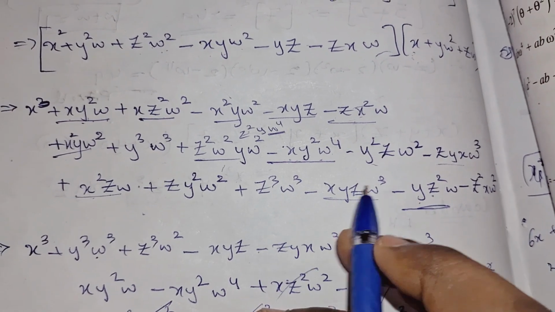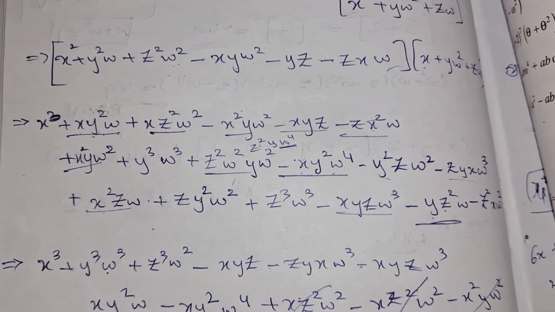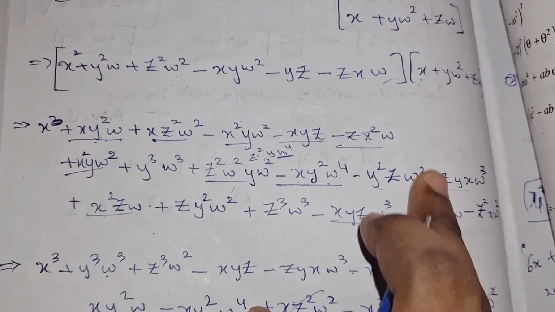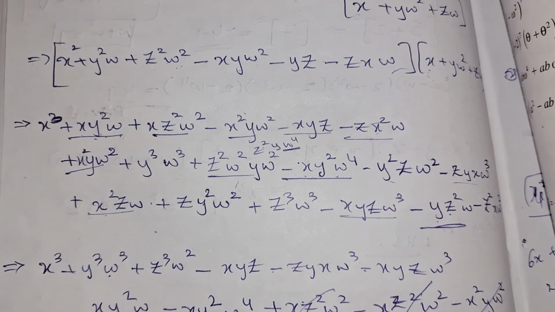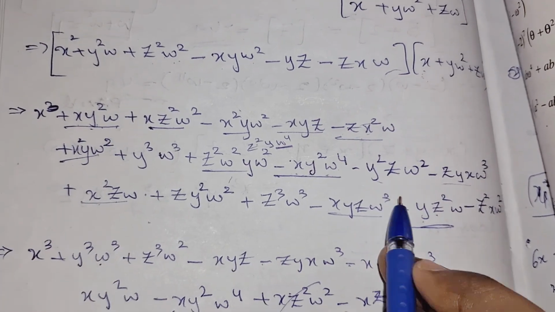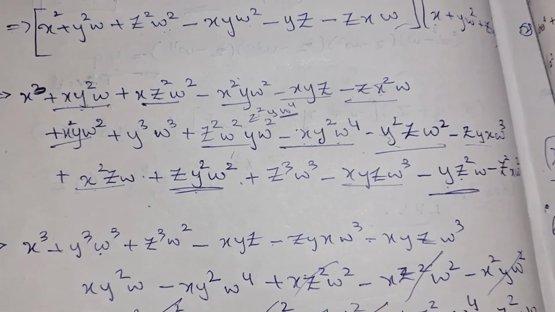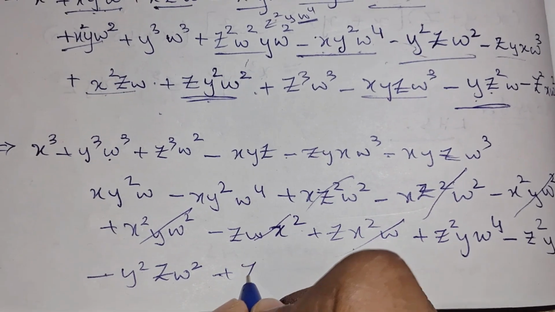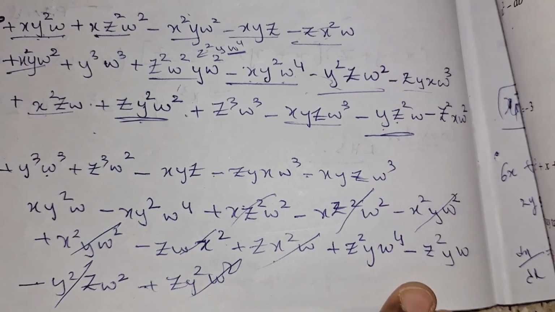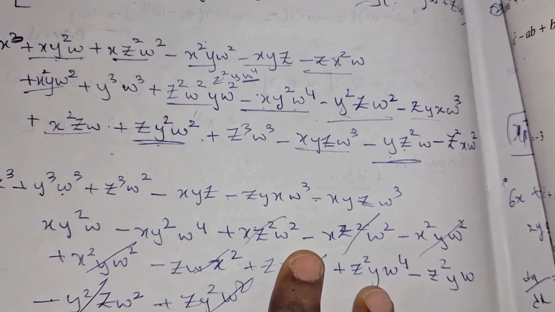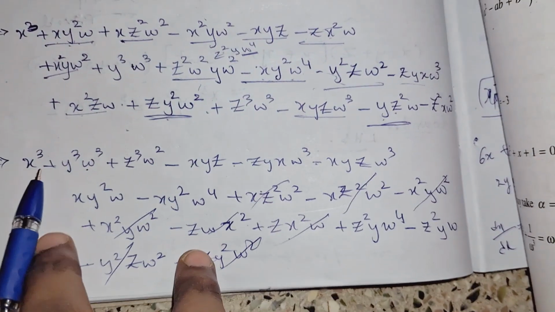Then the next one is y square z. This we have considered already, this we haven't considered yet. That is minus y square z omega square, and one more term we have this. Both terms we can cancel. Okay, then all left terms are considered here only.